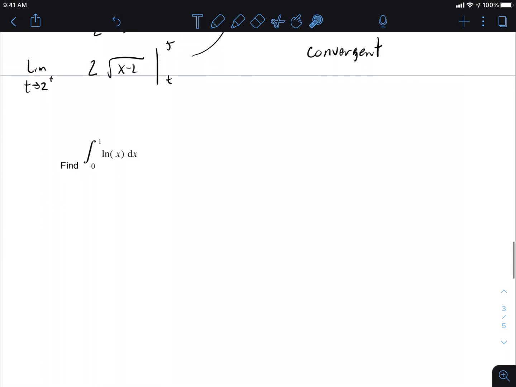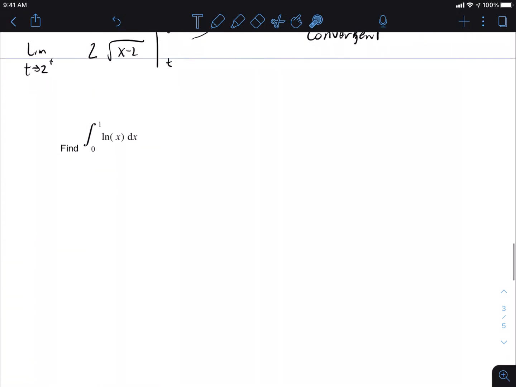Here's our next problem. So now in this problem, we see again we fall into an issue, right? We're going to go from 0 to 1, but ln of 0 is what? Is it undefined?